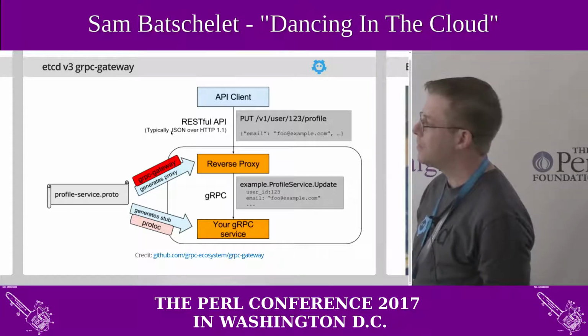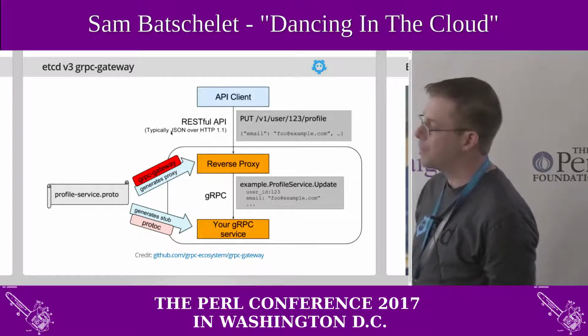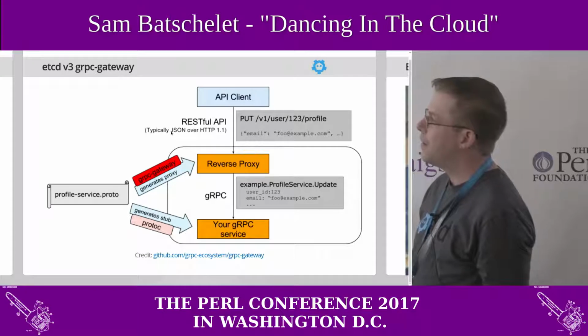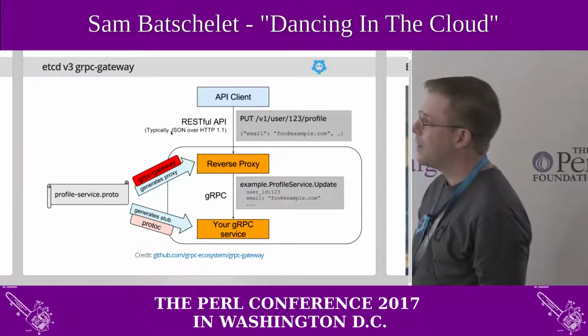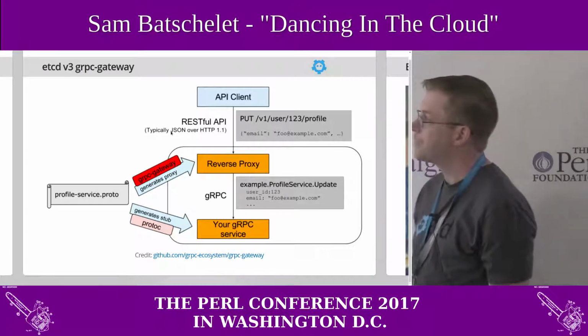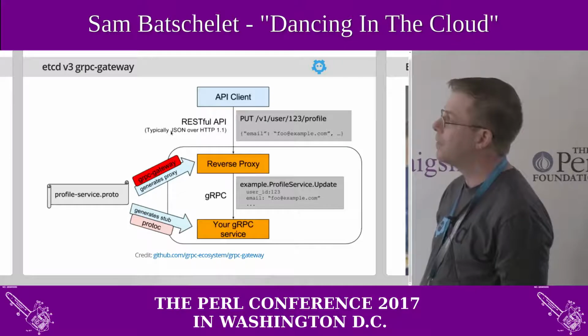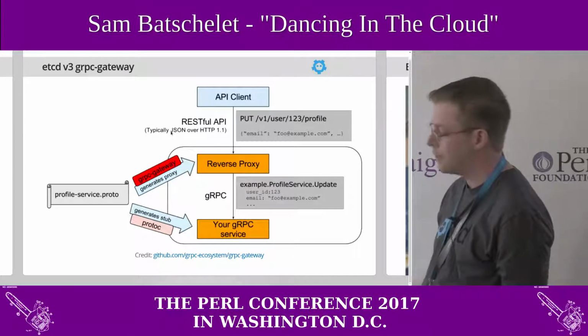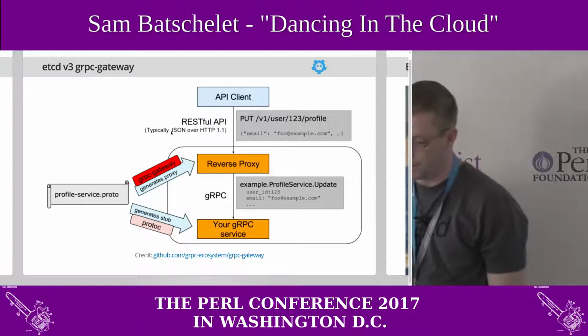The one definition is your standard gRPC service. The second is going to facilitate the reverse proxy. It's actually a really cool setup. So at that point, you have your API that can communicate directly with gRPC.